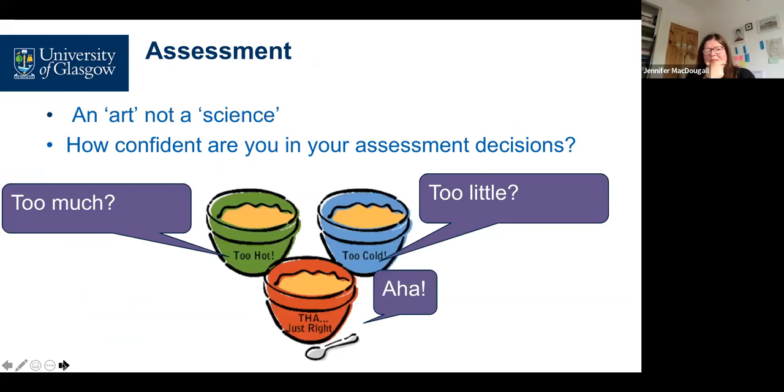So a little story here. One of my first points at which I really started to think about assessment was when I became not a Cambridge examiner, but a Trinity examiner, and I had a fantastic team leader.